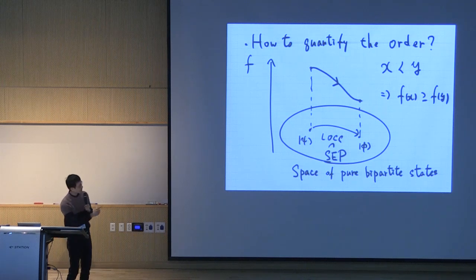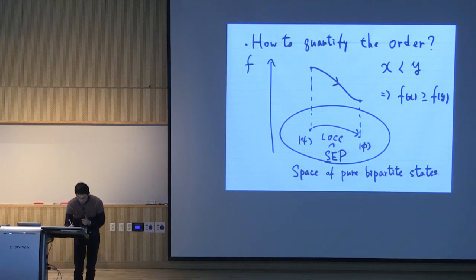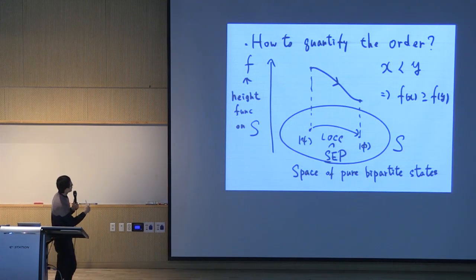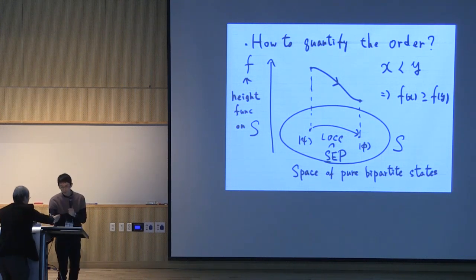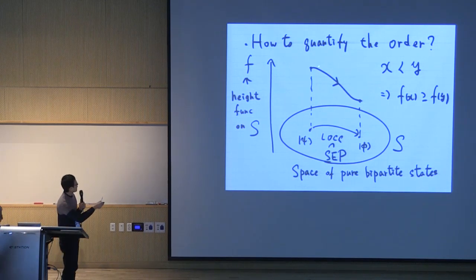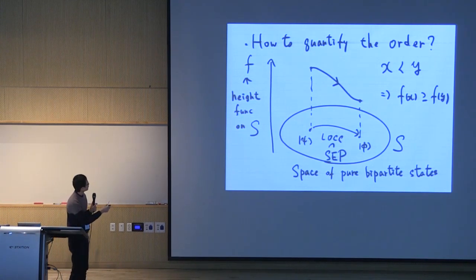Namely, this direction f is a kind of height function on the base space S. So you have a height function, and if you compare the heights between two states, and one of them is higher than the other, then it would be possible to find an operation which transforms psi to phi.